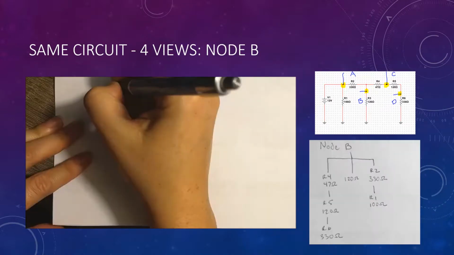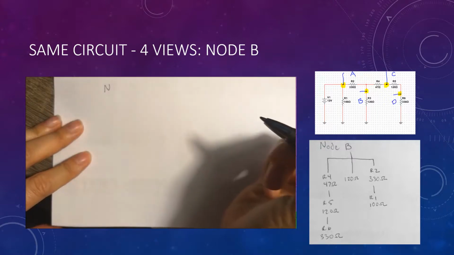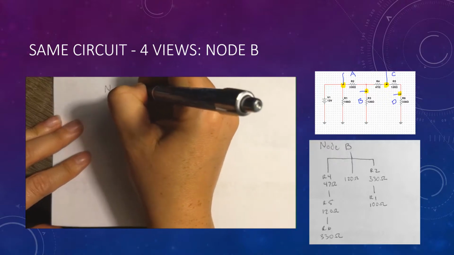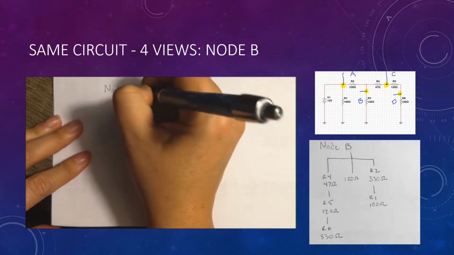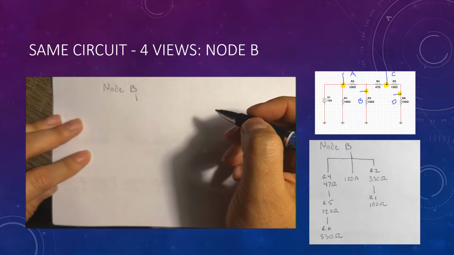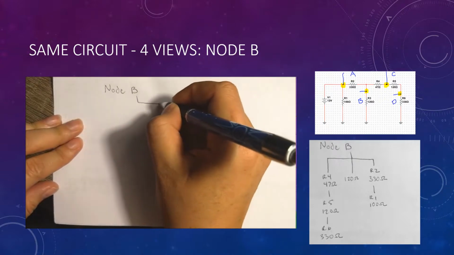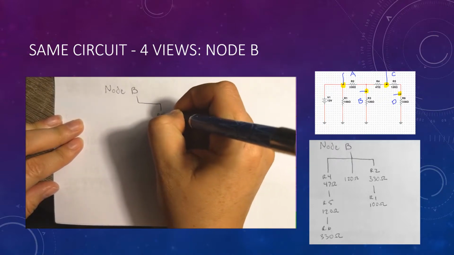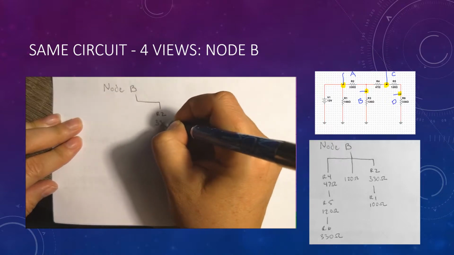Looking at node B, we need to redraw the circuit. Same circuit, but different branching. Starting from node B, we can see that we have three branches.